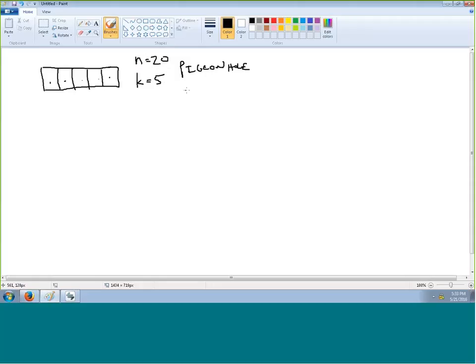What the pigeonhole principle tells us is that we will have at least one item, in this case a slot, that has at least n over k elements in it. So the ceiling of n over k is 20 over 5, which is 4. We'll have at least one slot that has at least 4 elements in it. That much is intuitive, because with a perfectly uniform distribution, if we put 20 elements in here, we'll have at least 4 elements per slot.